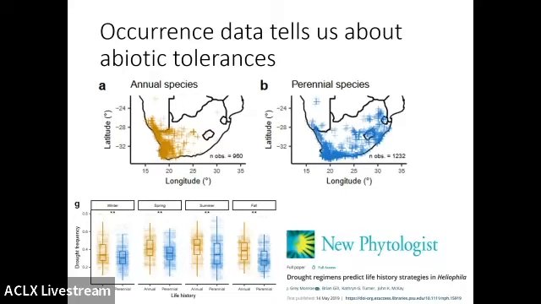So in the study, we found that annual species in the mustard genus Heliophila more often occur in areas that are prone to drought at a time of year when the plant is in its seed phase, so it's more drought resistant. And that perennial plants in that same genus tend to occur in places that are less prone to drought. Now, this particular study was in a genus native to the study area, but I think it illustrates how useful herbarium specimen label data can be to understand the abiotic environment that a species encounters.